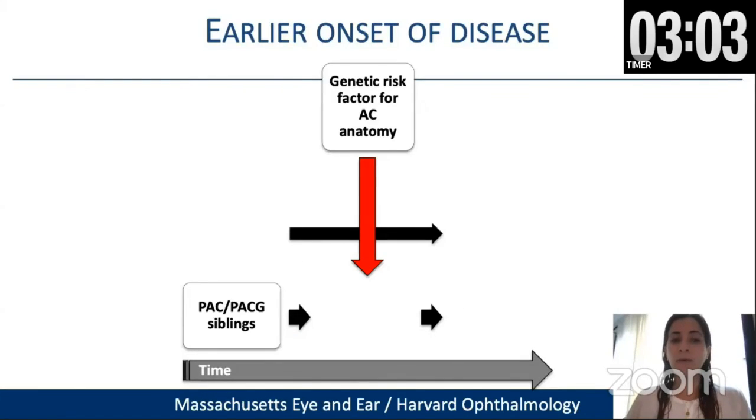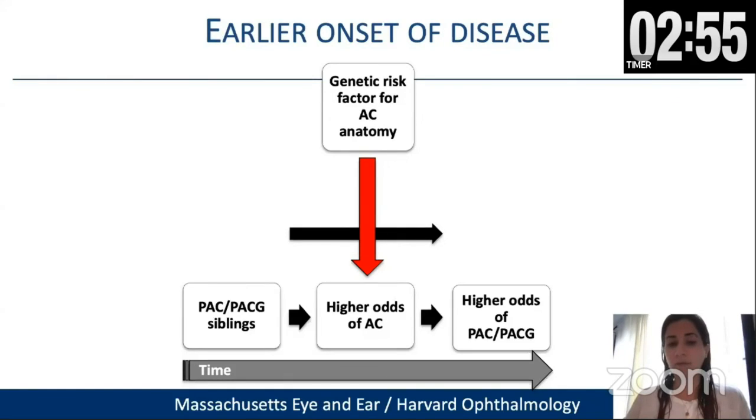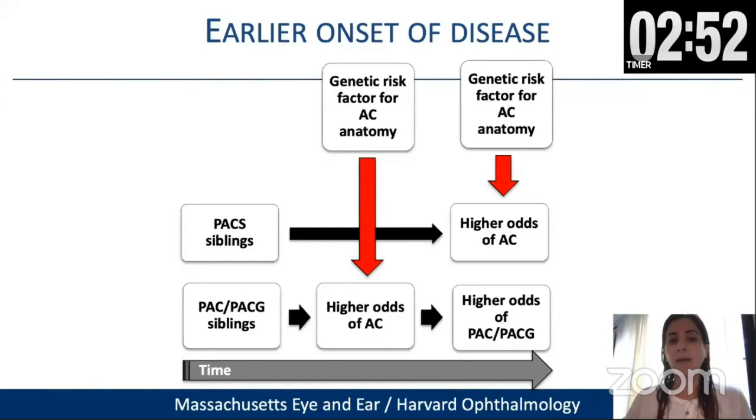Alternatively, it's possible that there are genetic risk factors for angle closure anatomy that occur earlier in those that have siblings with more severe forms of disease compared to those that have siblings with less severe forms of angle closure, such as PACS.